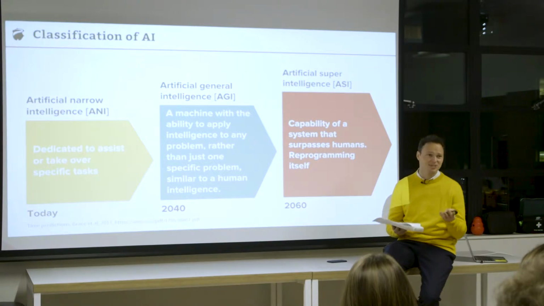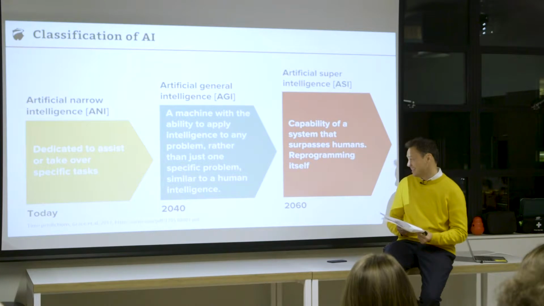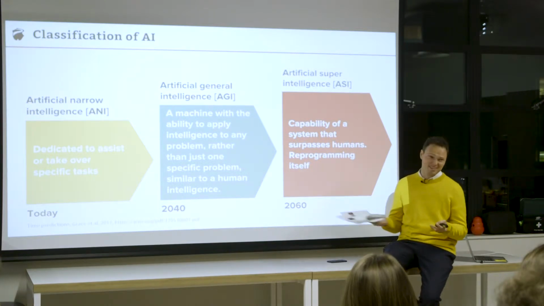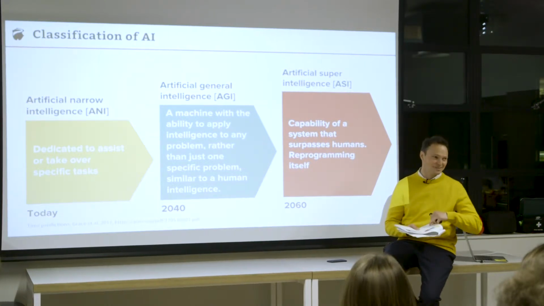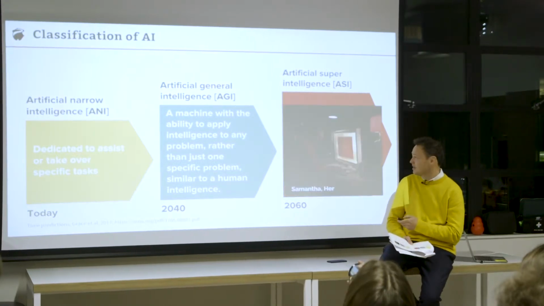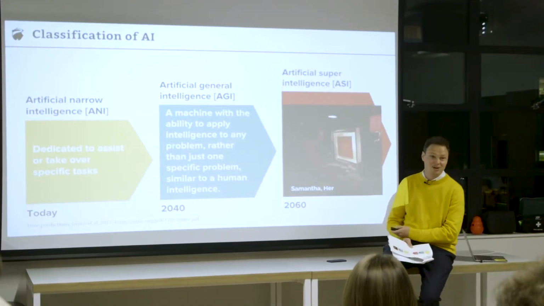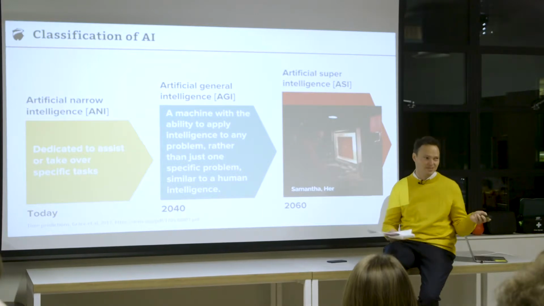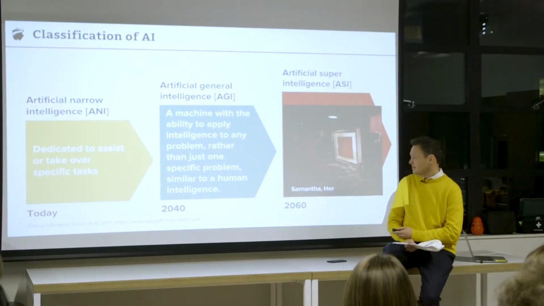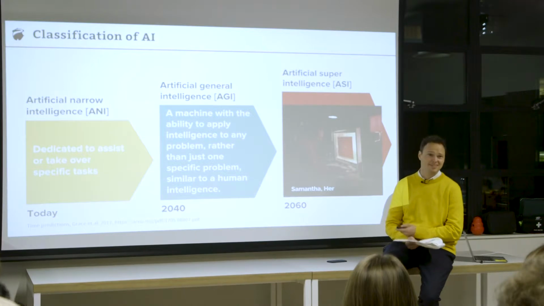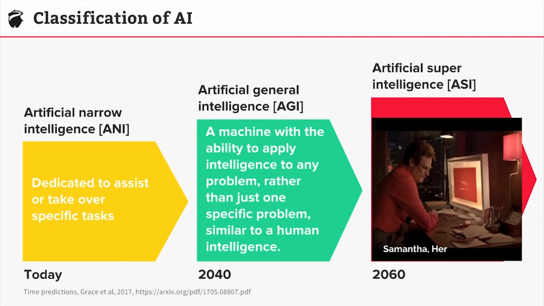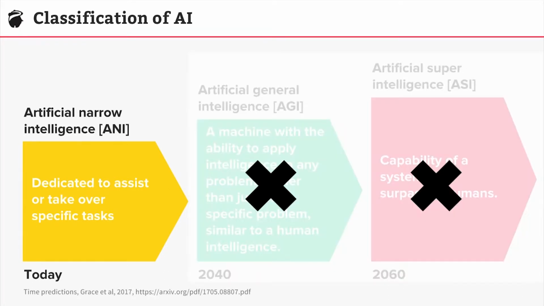That's potentially the last machine we need to design, because then the machine can take care of that itself. But again, some people say it's 2060, other people say it's coming never, so it's far, far out. So these are like Samantha in Her, for example. She's having multiple conversations with multiple people, and in the end just disappears somewhere to do something that's not comprehensible for us, because we're just humans. But again, it's far, far out. So these two we don't have to really look at; the first one is the one we can use in design.